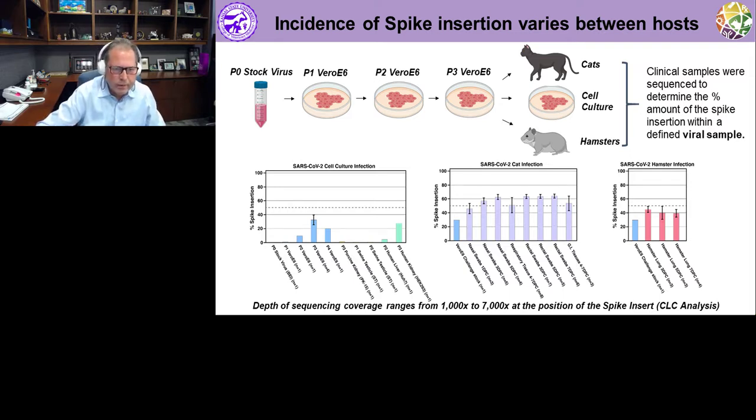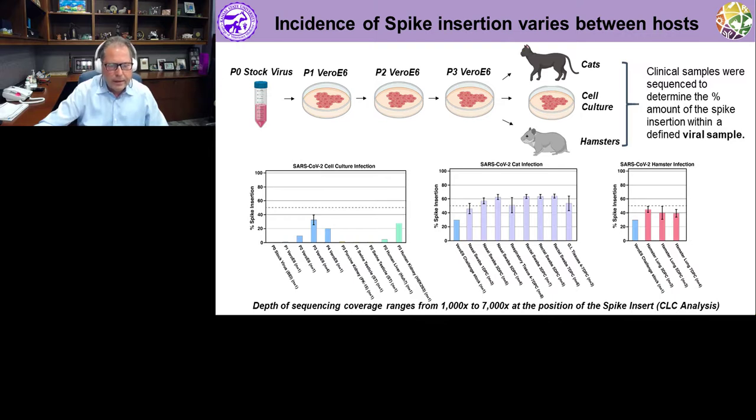And here, on the left, is now shown the cell culture data. So this insertion goes up to passage 3. It's still not the consensus sequence, but about 25–30% of the P3 passage virus in Vero cells contains this KLRS sequence.